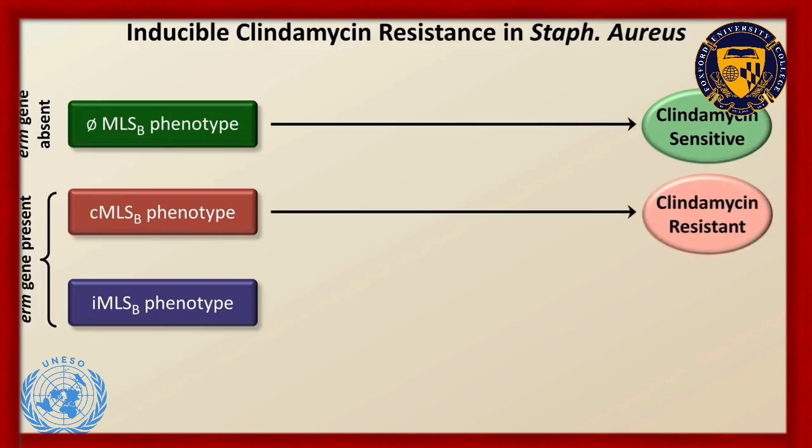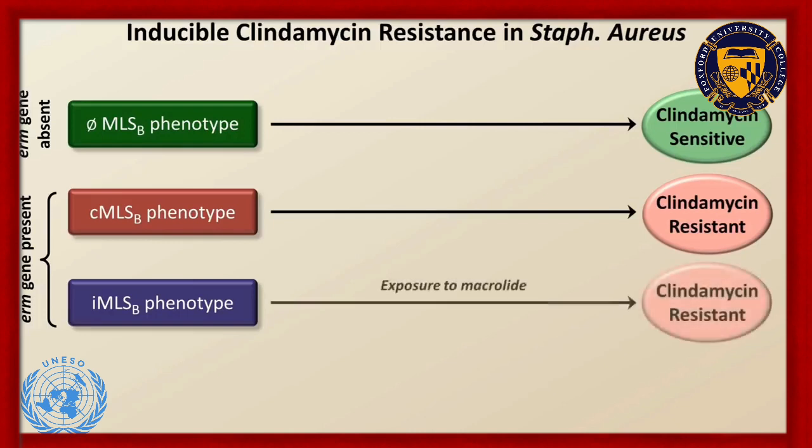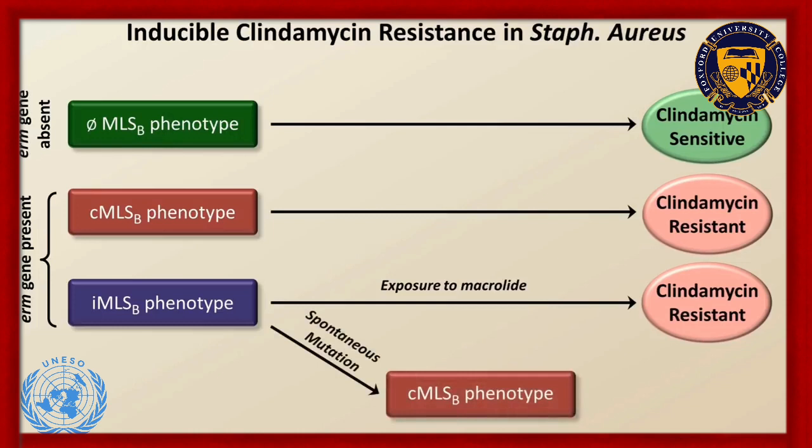With the inducible phenotype, it was initially thought to require exposure to a macrolide, which triggers expression of the dormant resistant mechanisms. However, it's now believed that a seemingly minor spontaneous mutation in the genetic code responsible for ERM expression may also be able to convert the inducible phenotype to the constitutive one in the absence of macrolide exposure.